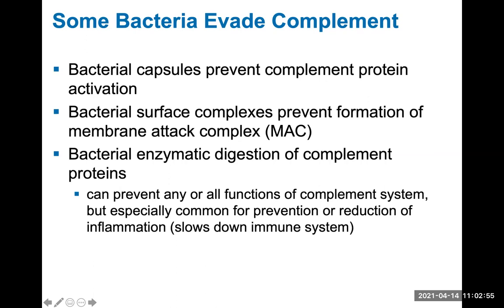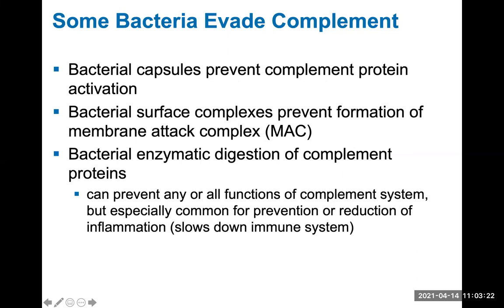So I cannot give you any too specific definition here, but what you have to remember is that it can prevent any or even all of the functions of the complement system, depending on which complement protein gets digested. Most commonly, we see that these enzymes are caused by specialized bacteria.